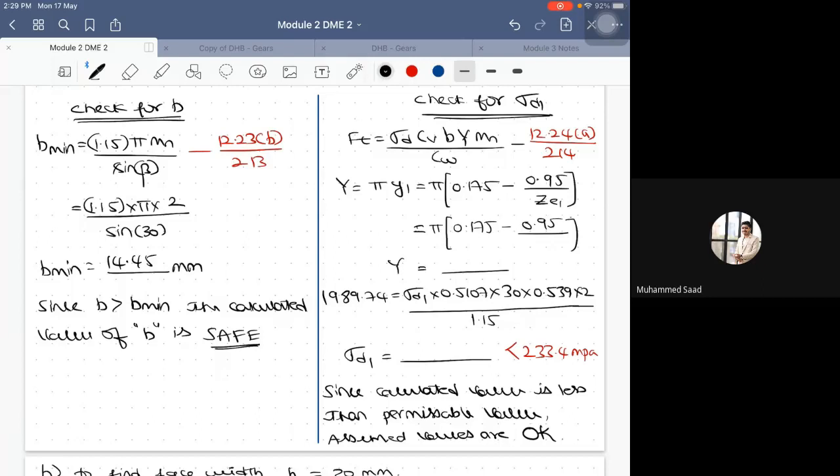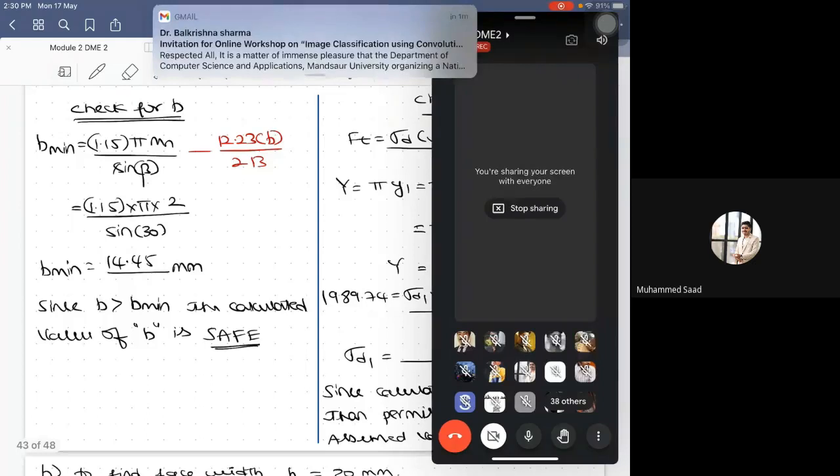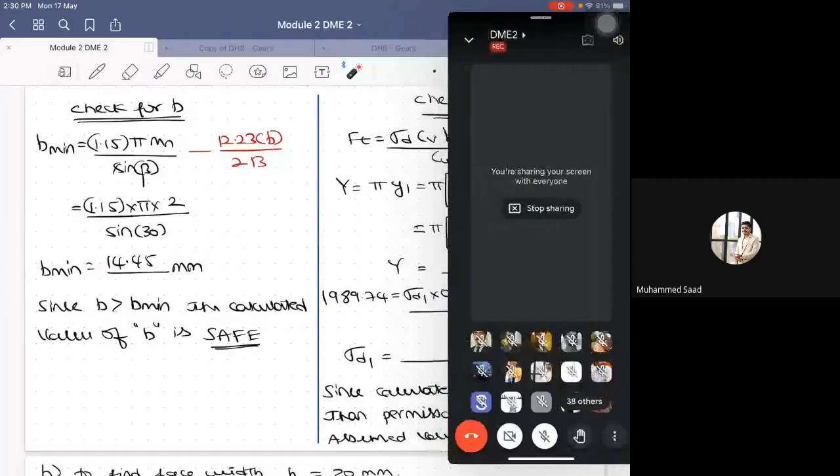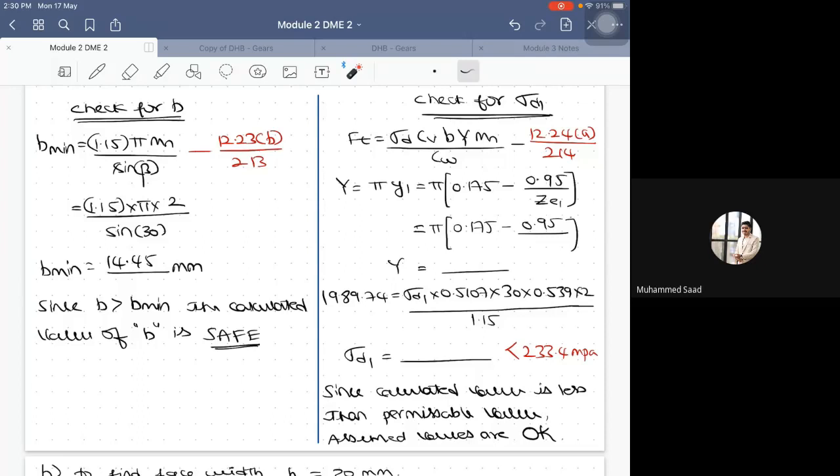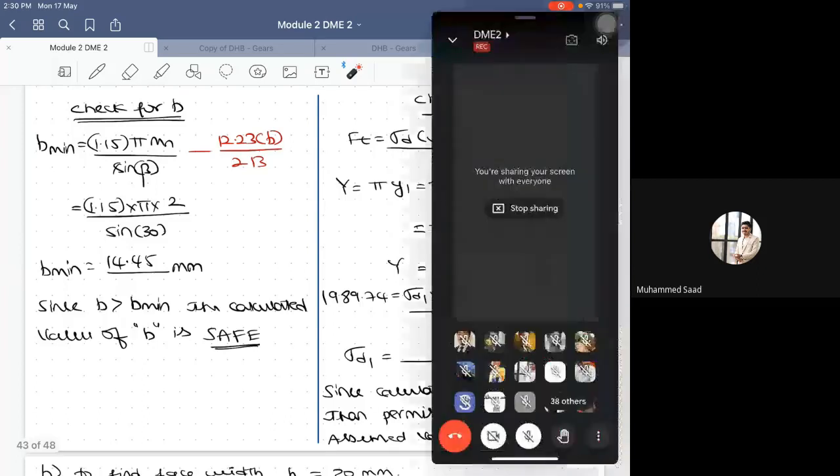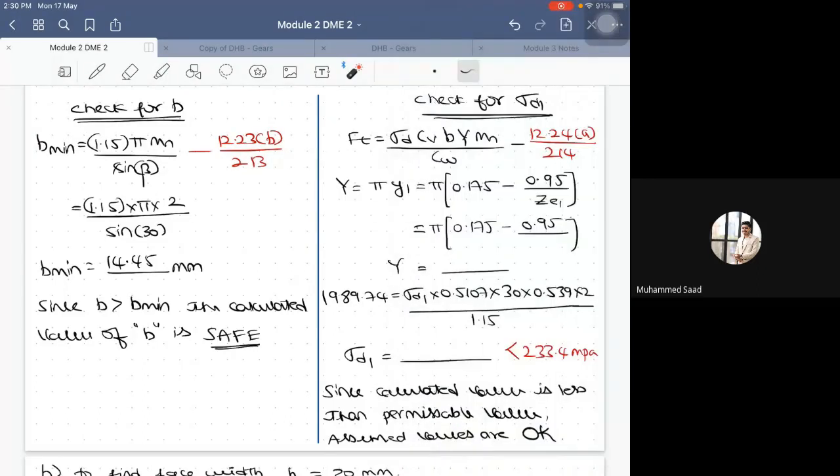Now check for sigma D1. Ft is equal to sigma D. Take this particular equation 12.24, page number 214. Now you calculate Y, because don't use the previous Y, since there you have used the assumed virtual number of teeth.